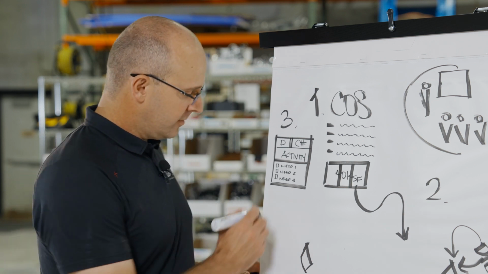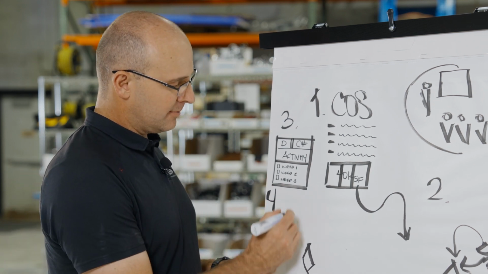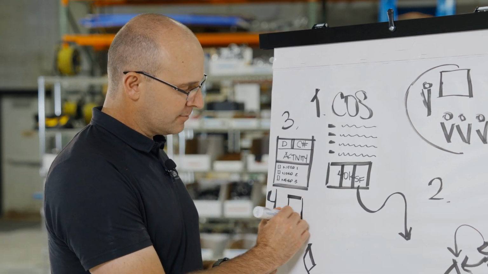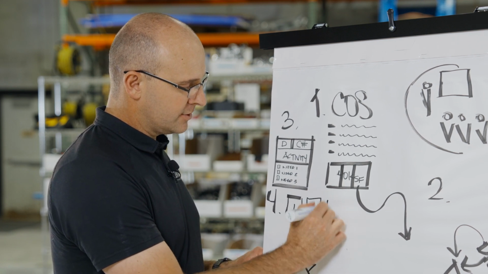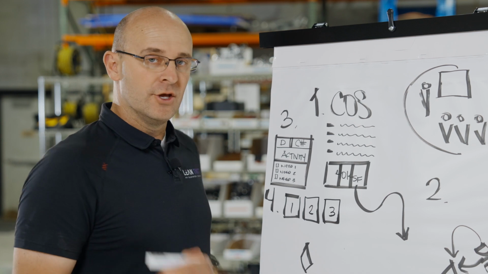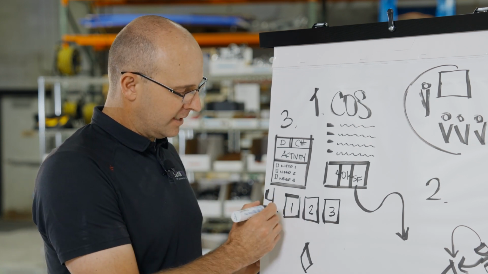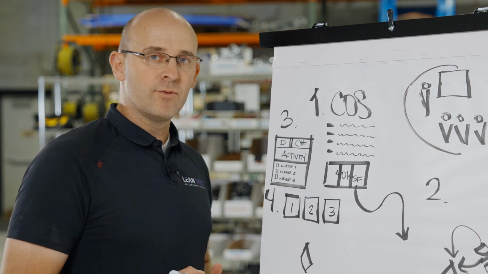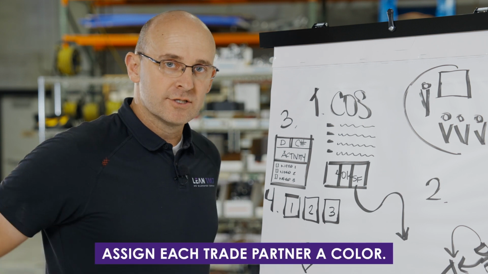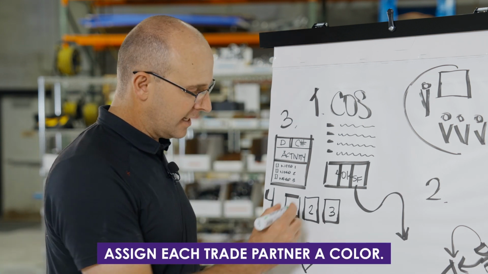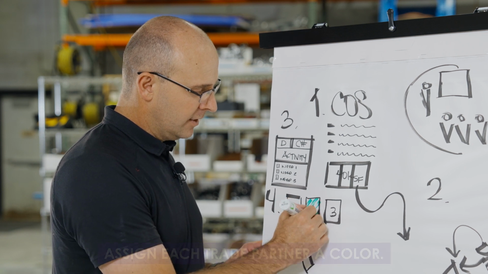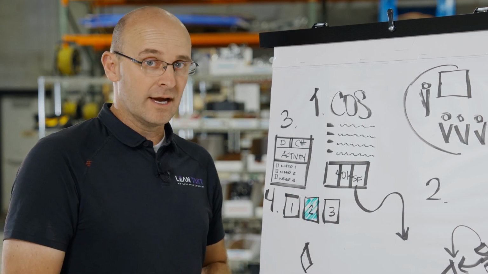Step number 4, I'll write this right down here. Step number 4, if you have multiple trades, let's say trade partner number 1, trade partner number 2, trade partner number 3, you will want to come in here and make sure that everyone knows their color. So if you have the framing and drywall contractor and you're like, hey, we're going to give you green, go ahead on the board right now.